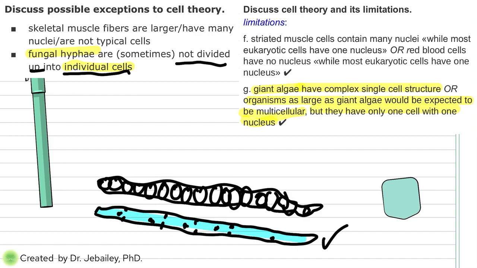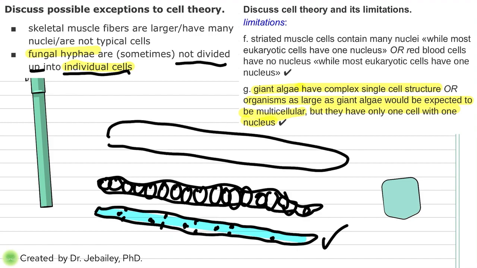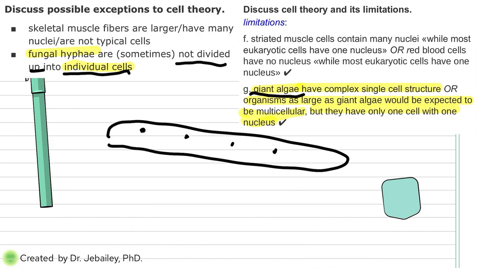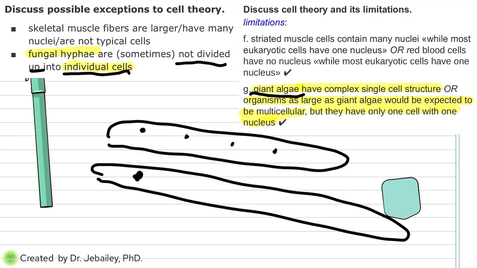The skeletal muscle is a long cell with many nuclei. The giant algae is just like it, but the difference is it's a long one with just one nucleus. Usually we say that as the animal gets bigger, it's more likely that we have to go through division, but the giant algae does not do that.